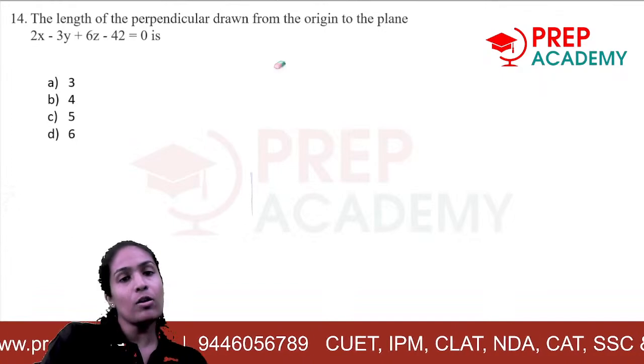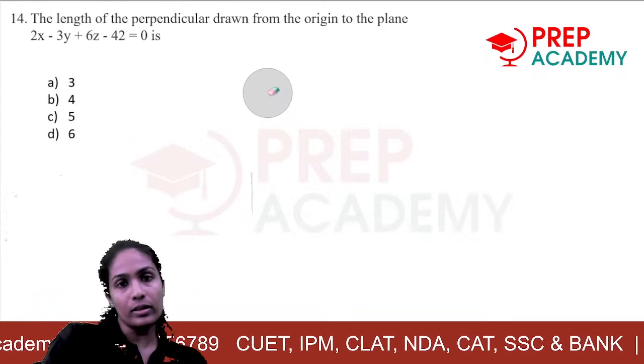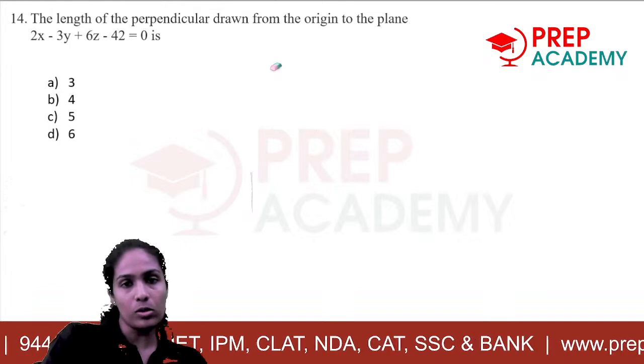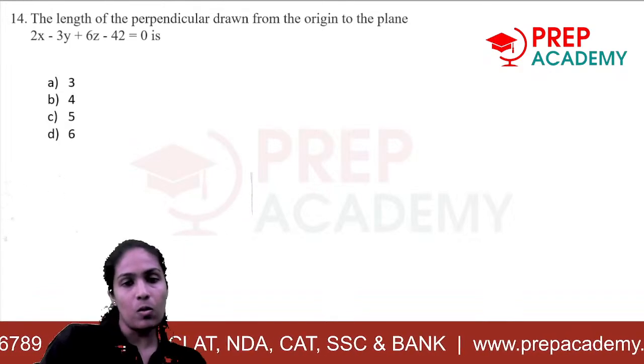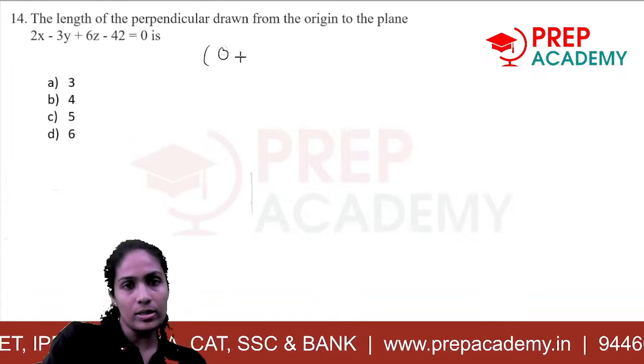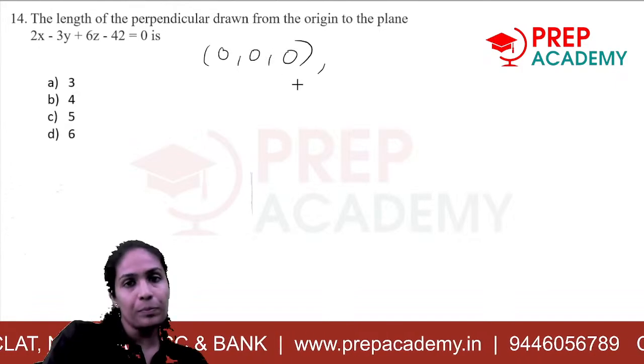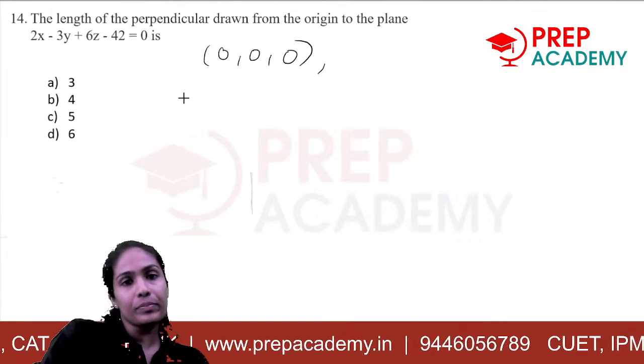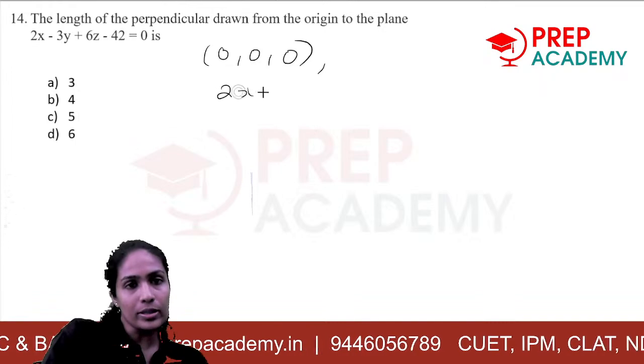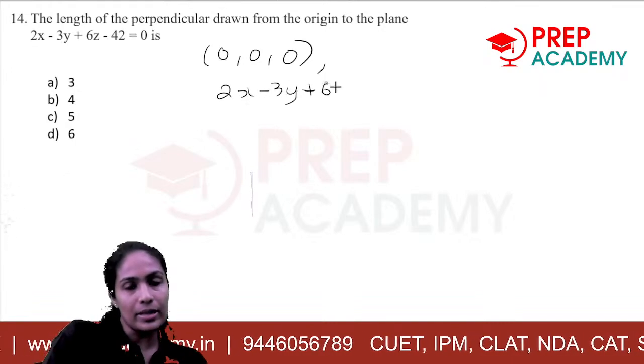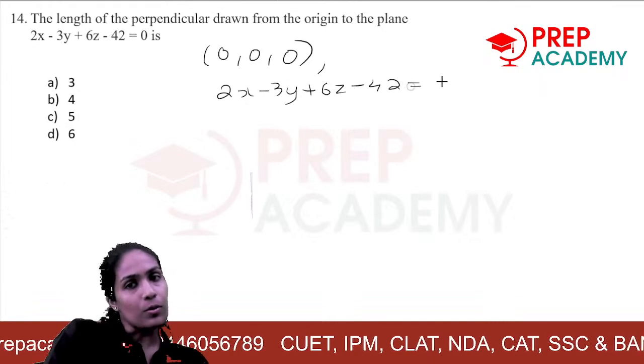So here you are asked to find the length of the perpendicular drawn from the origin. So the point is the origin. Origin means the coordinates are 0, 0, 0, and the equation of the plane is 2x minus 3y plus 6z minus 42 is equal to 0.